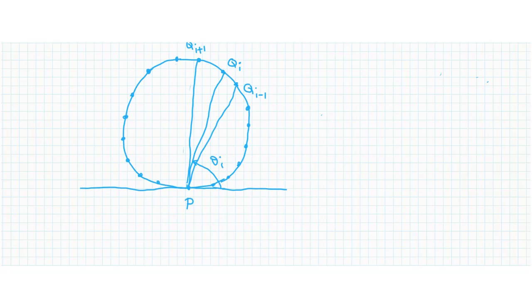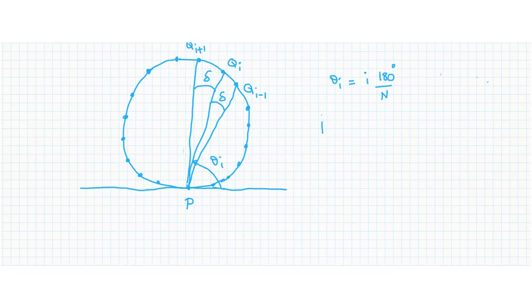I have drawn the adjacent chords. To make things simple, let delta be the angle between any two adjacent chords. So this would imply that the theta i's form an arithmetic series. That theta i will be i into 180 by n, and i can go from 0, 1, 2 till n.